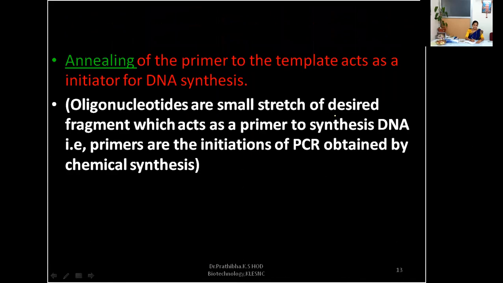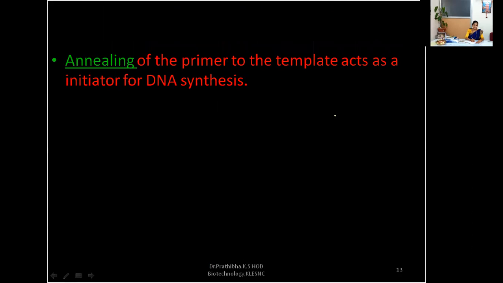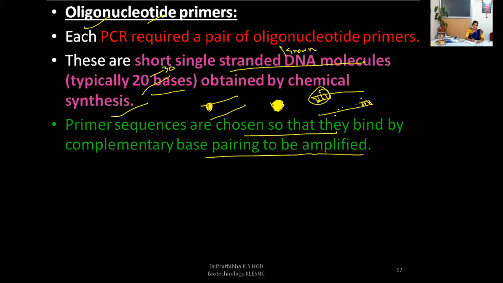Okay, before that, let me talk more about primers here. When we consider these particular primers, I told you these are single-stranded DNA, which are needed by the DNA polymerase enzyme for the initiation, synthesis or extension of the DNA molecule.